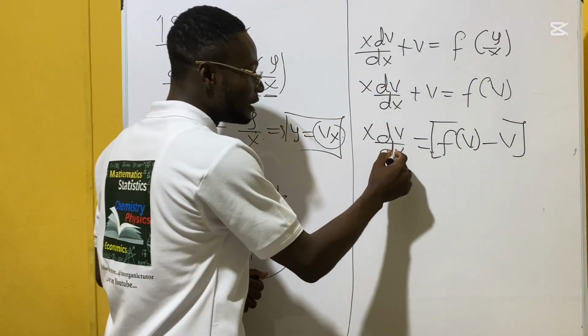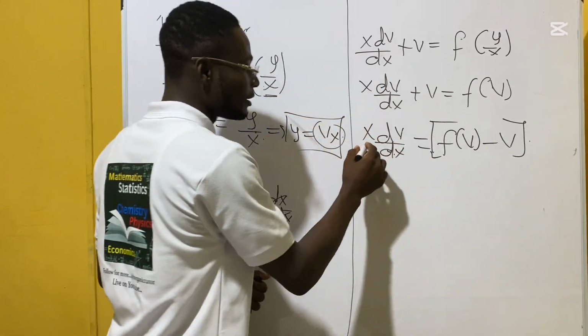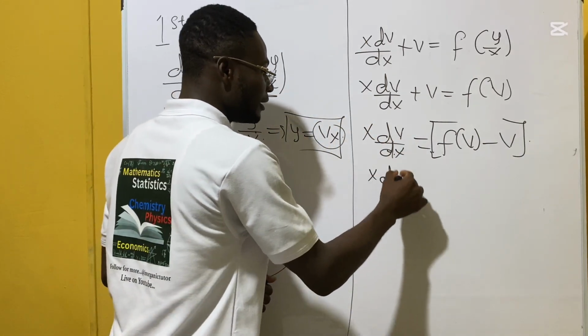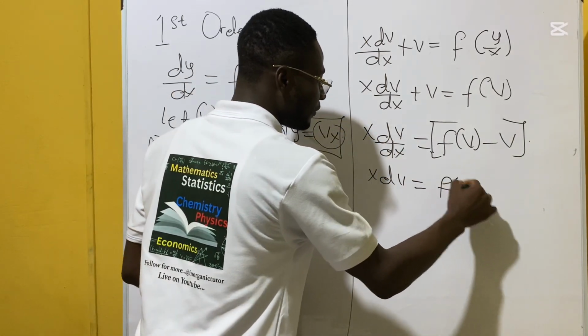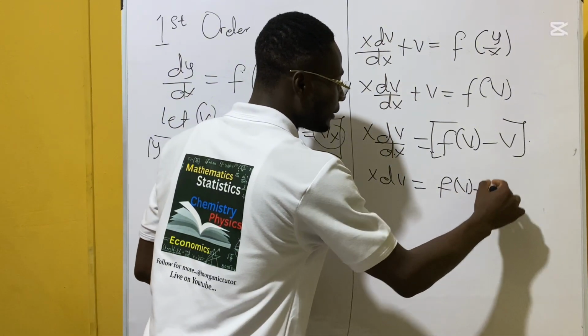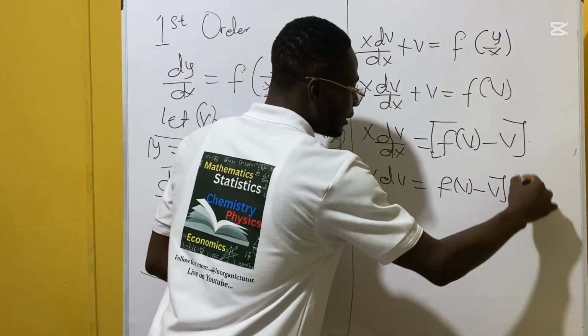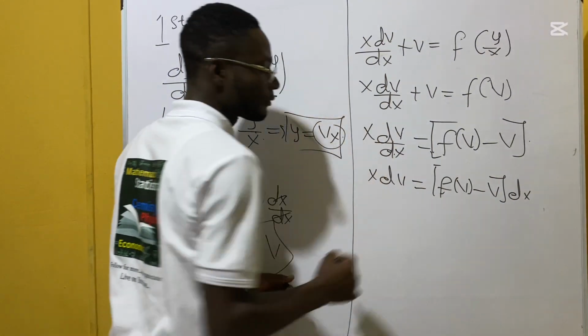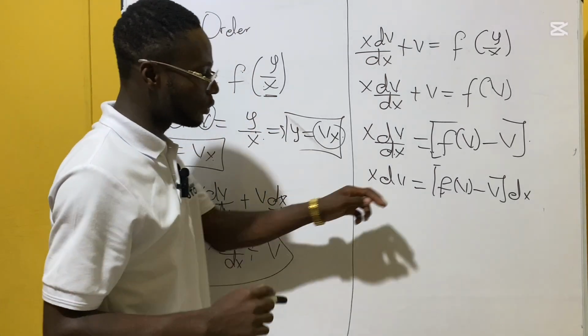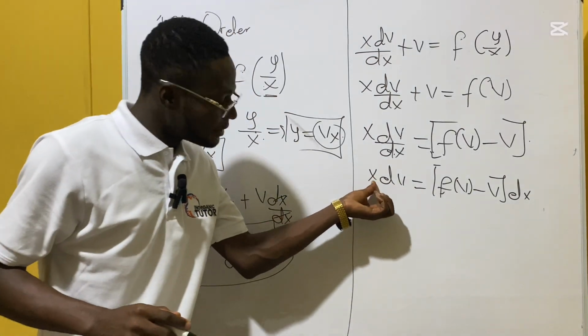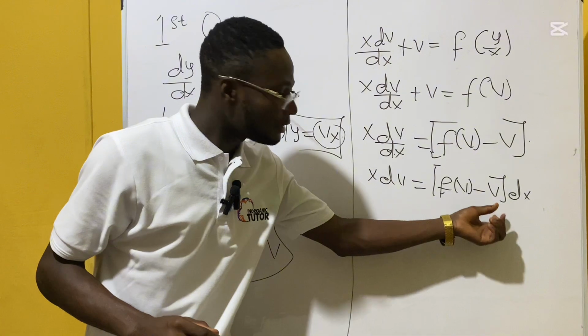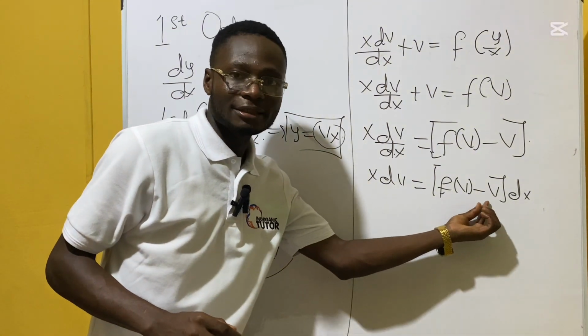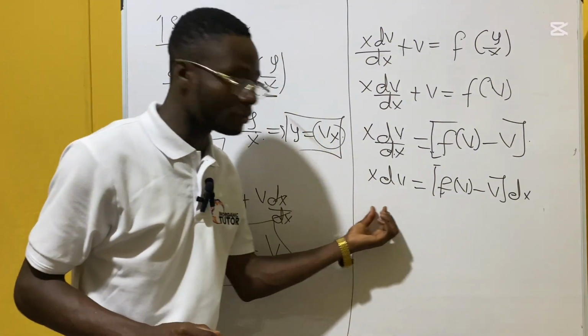So we have x dv equals f of a function v minus v dx. You want to separate the variables, so this x moves to this junction, and then f of v minus v comes to this junction.